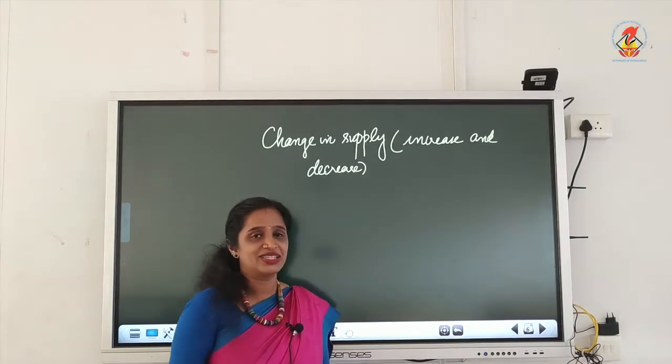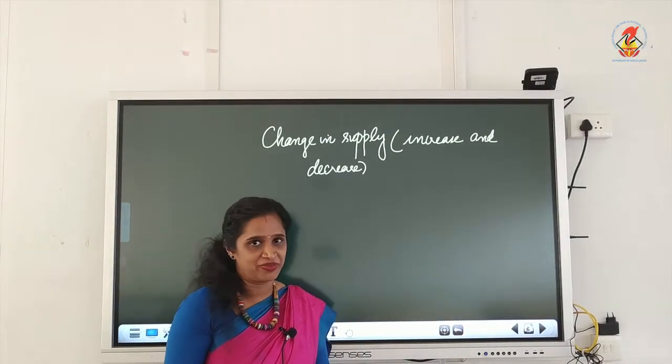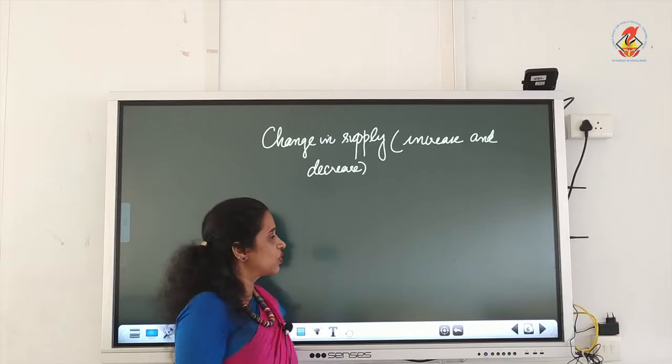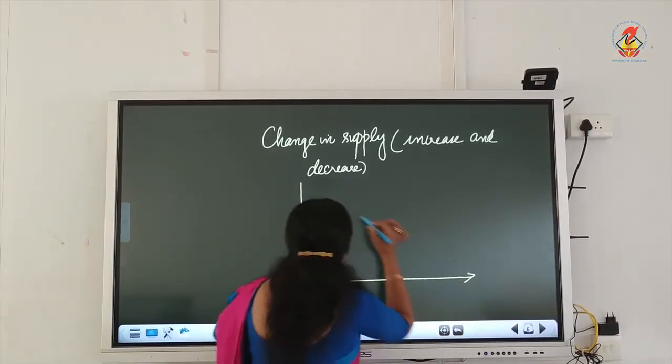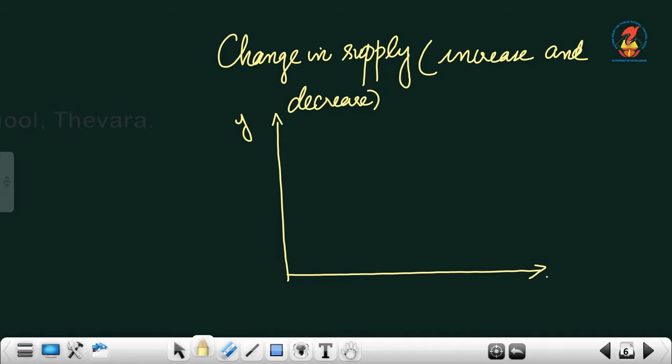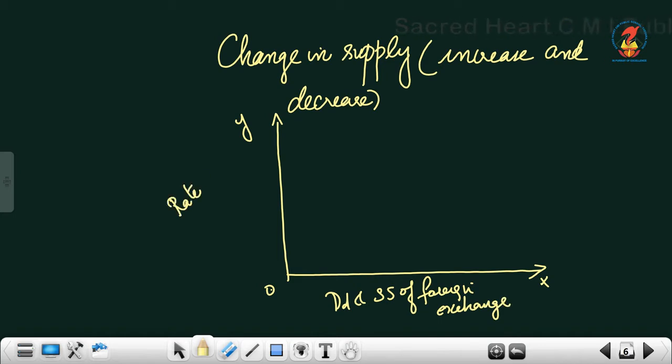Now likewise, the change in the supply. For that we need to draw the diagram where the x-axis and y-axis are represented. Demand and supply of foreign exchange. I told you the significance of representing both demand and supply in the diagram, because the rate of exchange is determined by the market forces of demand and supply.